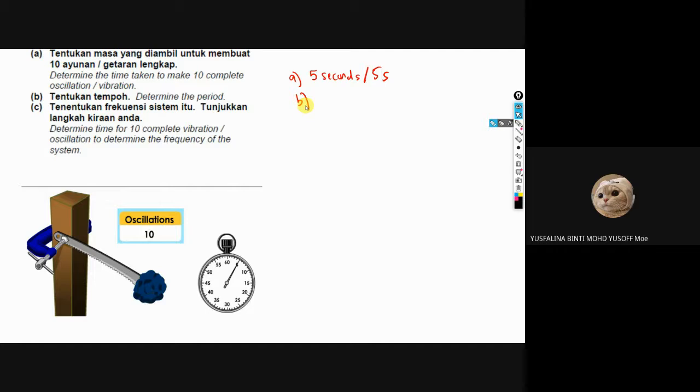Let's check the answer for A. Is it correct or not? So T is 5 seconds. For B, it is 5 divided by 10, so one complete oscillation takes 0.5 second.